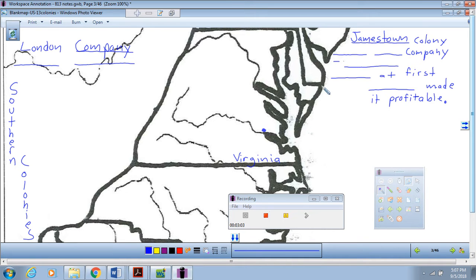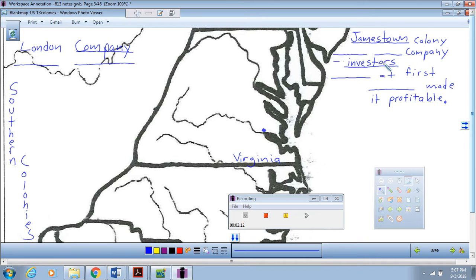The London Company was a group of investors who pooled their money and financed an expedition to the New World with the hope of making more money. Because whenever someone invests, it is to hopefully take an investment of money and make more money.